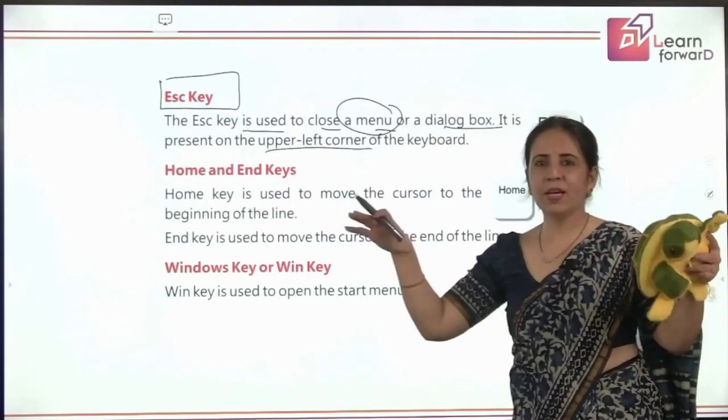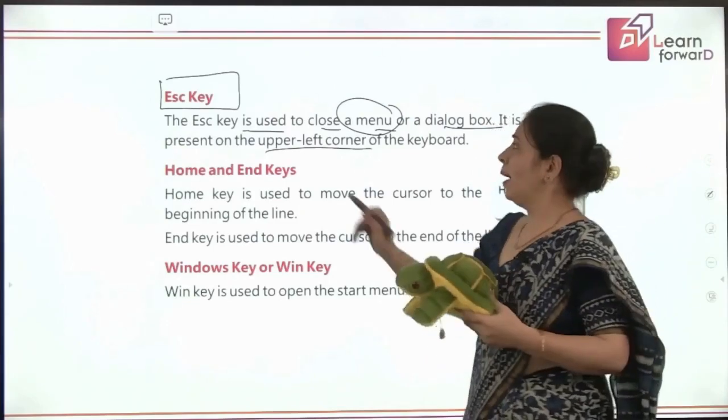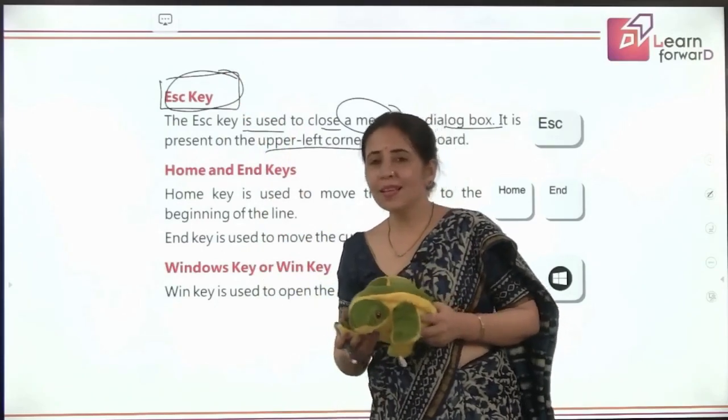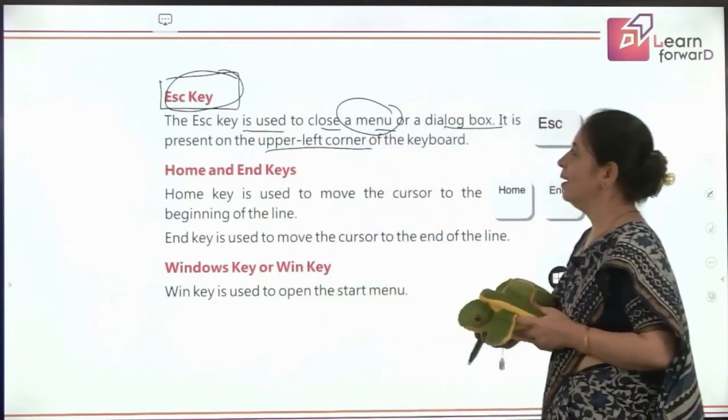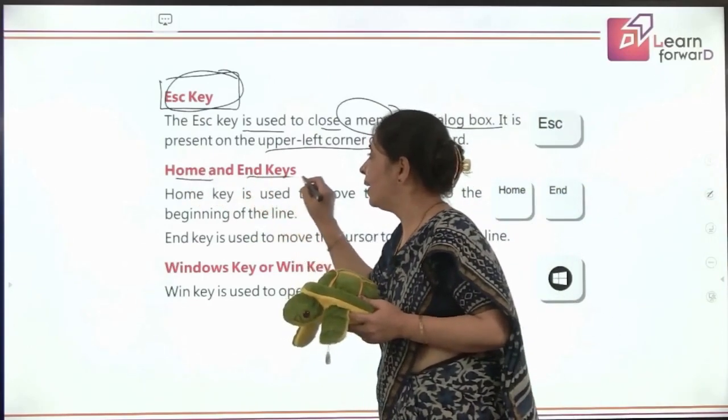So when you look at the keyboard, on the left side top, that's the first button and it's called the escape key. Is it clear?